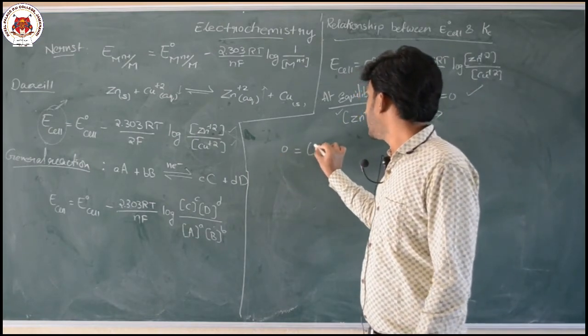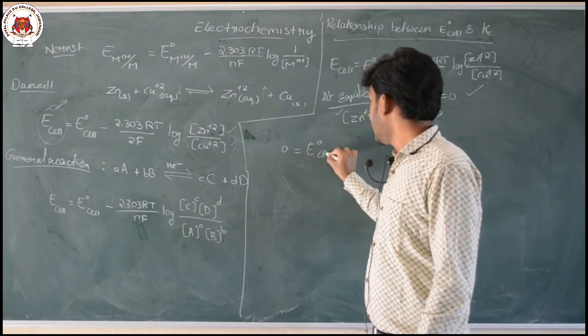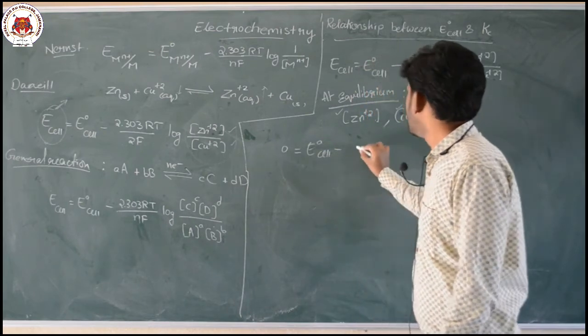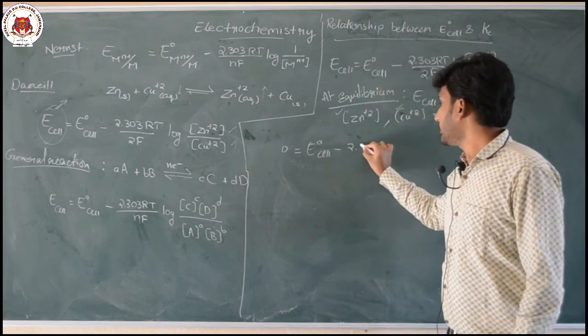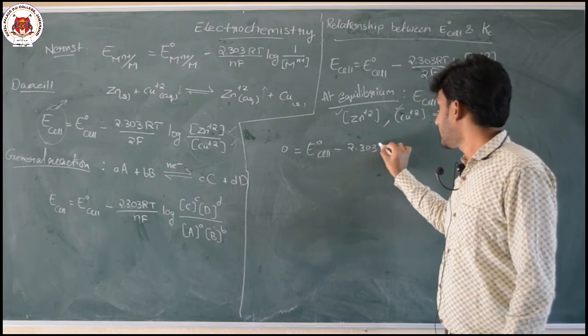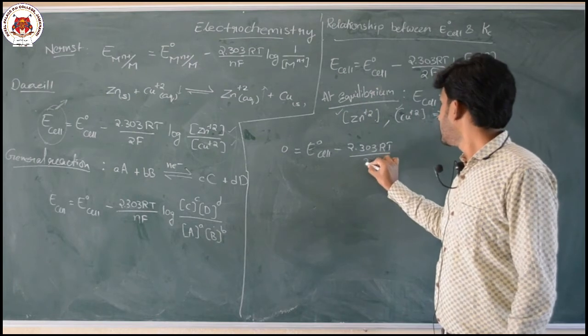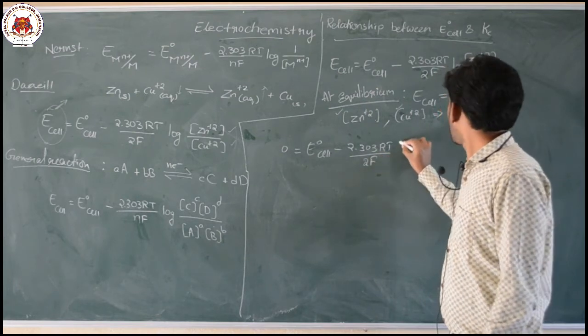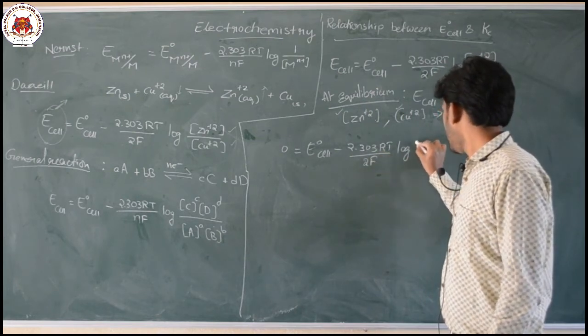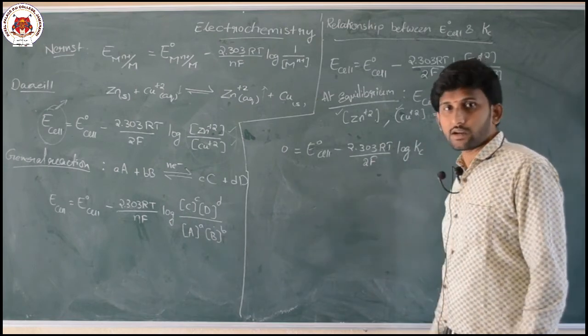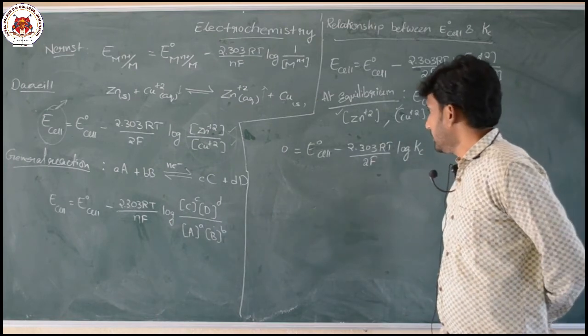Now, 0 is equal to E naught cell minus 2.303 RT by 2F log Kc. Okay.